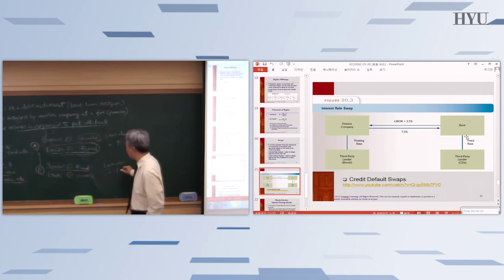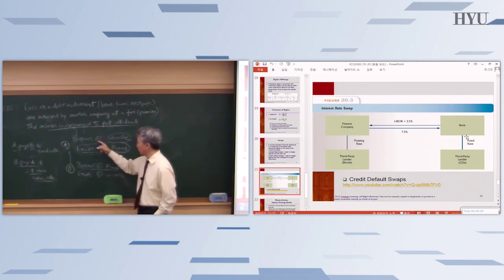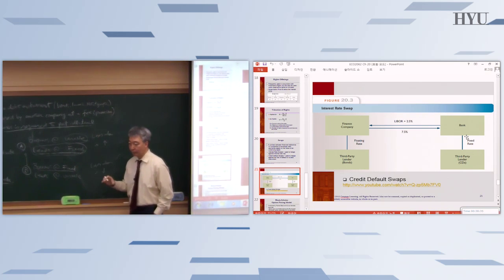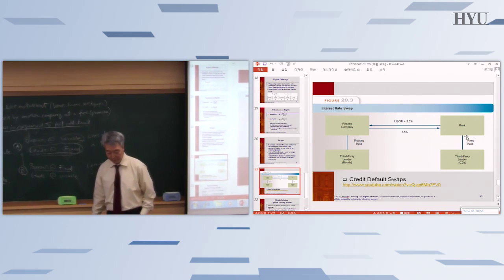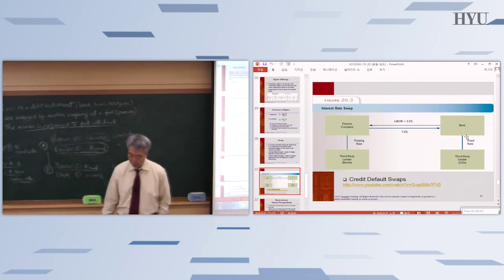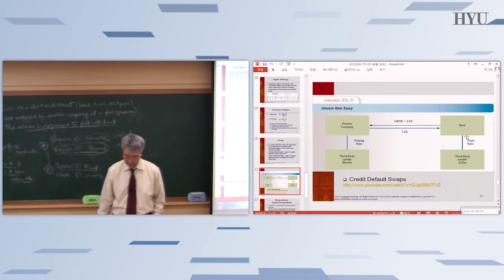So when the interest rate rises, B is making money, but A's cost increases. So they will match their weaknesses and strengths, and they will help each other depending on whether the interest rate rises or drops. So that's a very simple example of an interest rate swap between two financial institutions.